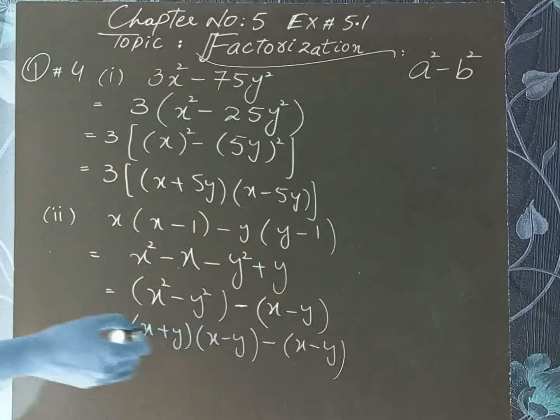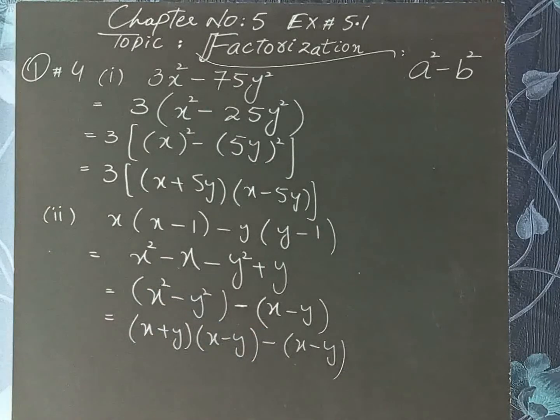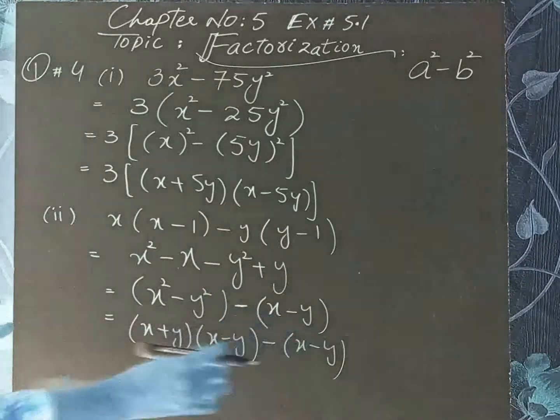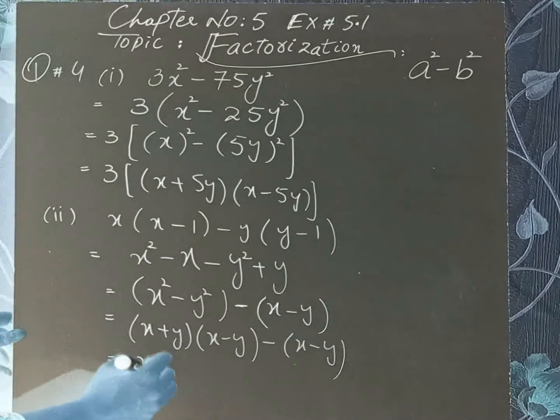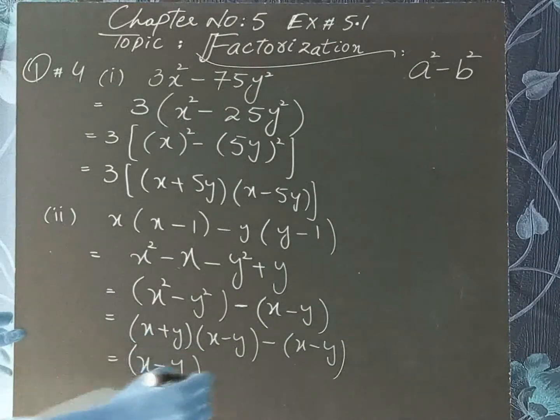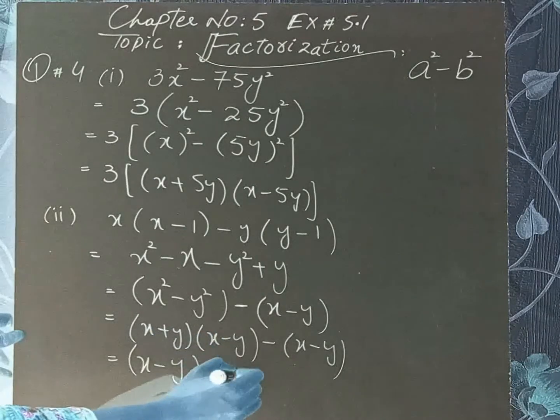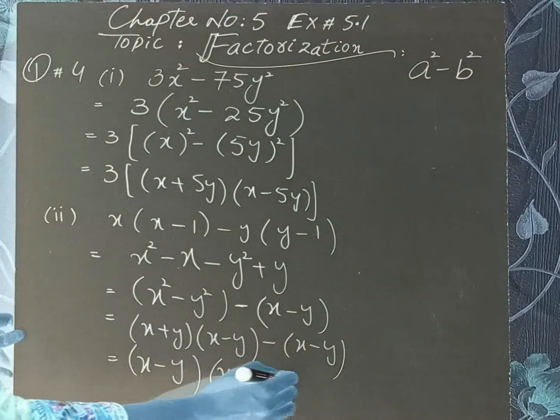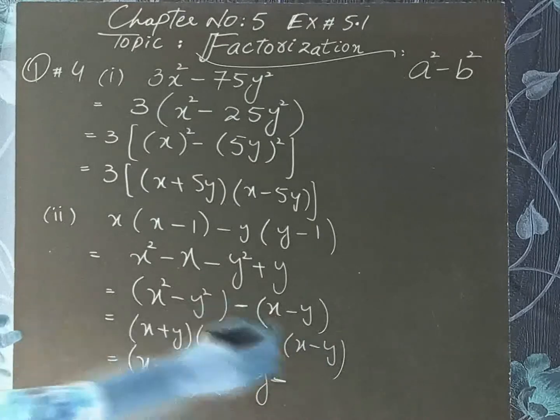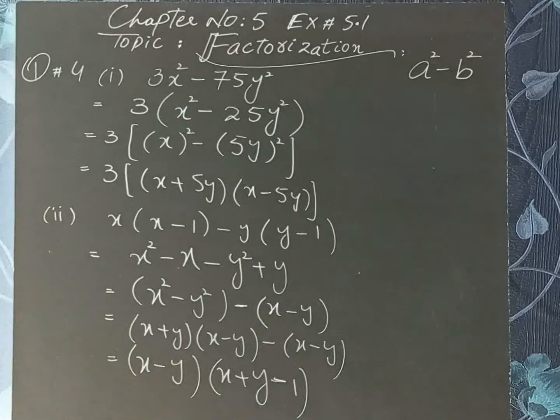From both these terms, the common is x minus y. We will write it as common. From here x minus y is common, x plus y is left. Minus, this we have taken as common, so here it will be 1. So these are the factors of this expression.